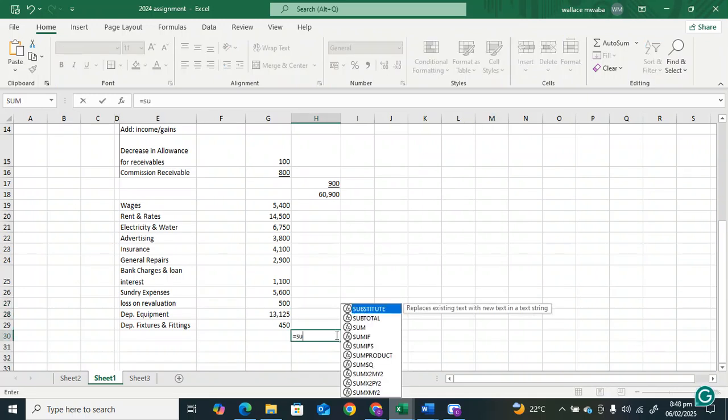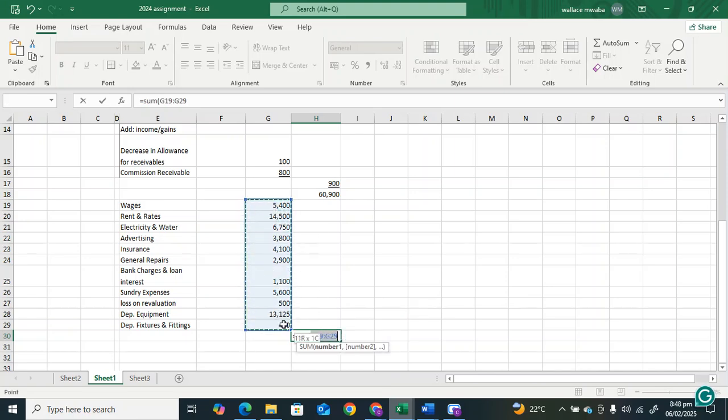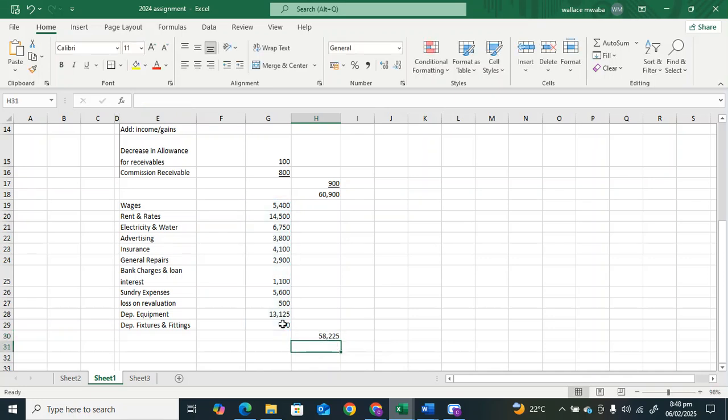Okay, so we total up the expenses. 58,225. Those are our total expenses. So we now get our net profit.